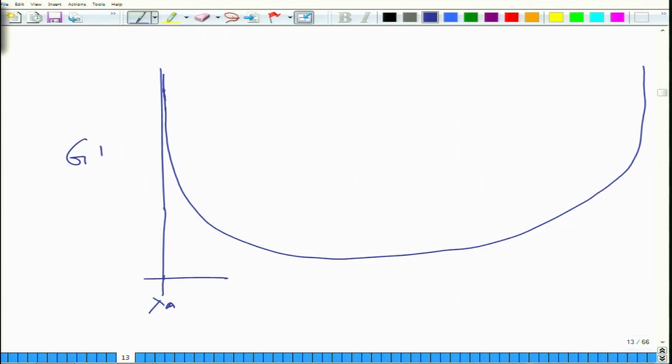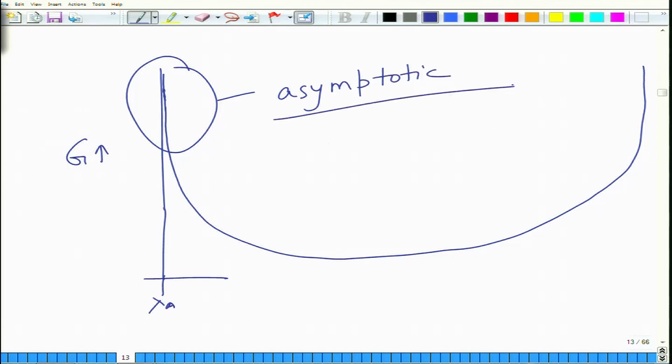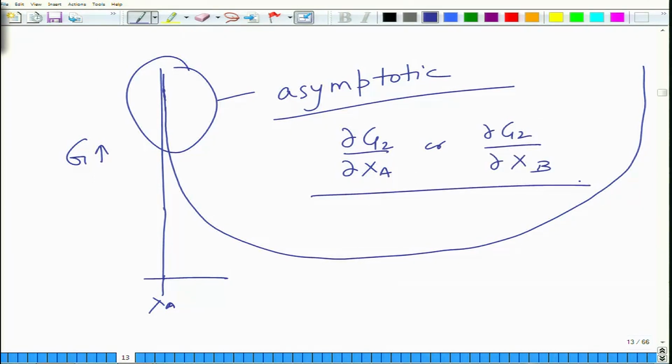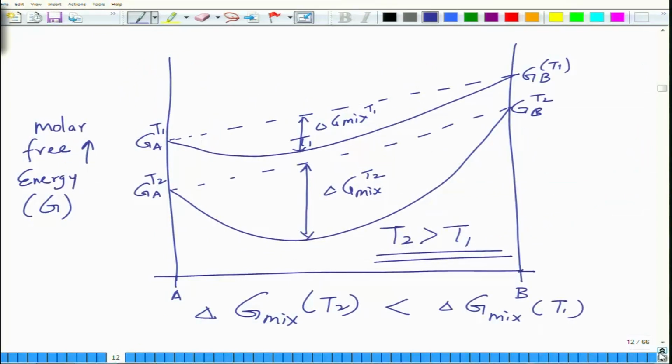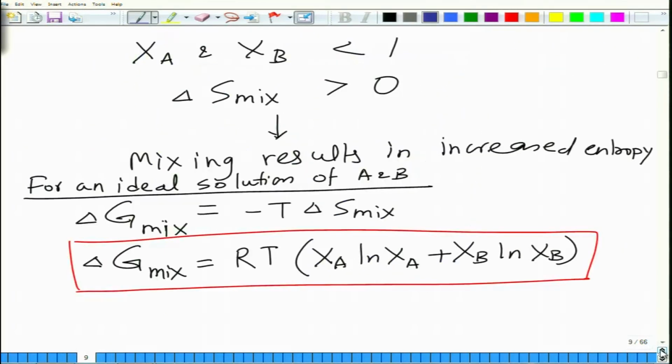So, this is G. Here it is, you can say, asymptotic, and for this you can just take del G2 by del XA or del G2 by del XB, and you can see the gradient will be infinity. So, it is not exactly cutting the y axis.